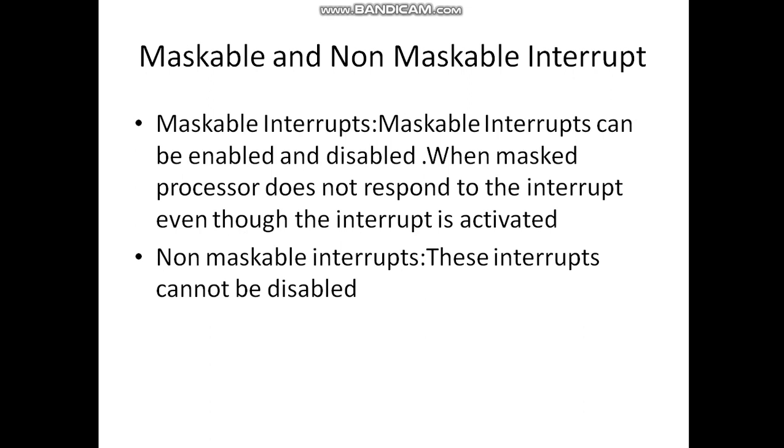In that case, the controller does not respond to the interrupt even though the interrupt is activated. So now the question is how to disable this interrupt. Interrupts can be disabled by suitably programming the interrupt enable register, which we will be discussing later on.